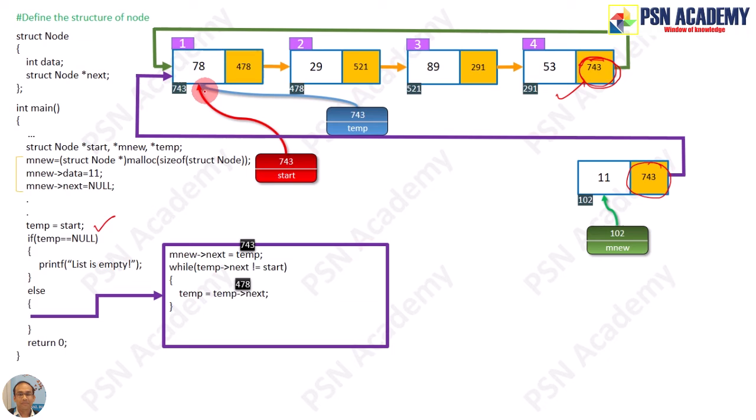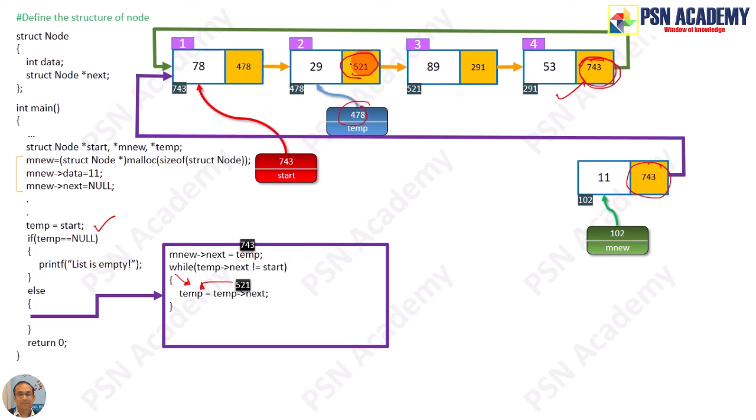Now, temp is at 743. Temp next is 478, so this will be loaded inside temp. So as soon as you load 478 inside temp, it starts pointing to the node at 478. Next, we'll go to 521. Why? Because the temp next is not start, right? Since the temp next here, which is 521, is not start, get inside and run this code, temp equal to temp next.